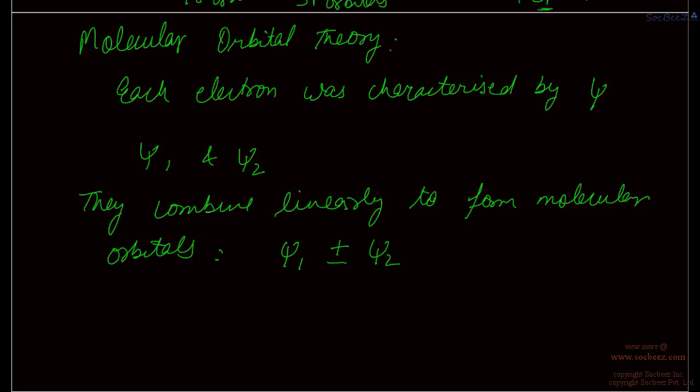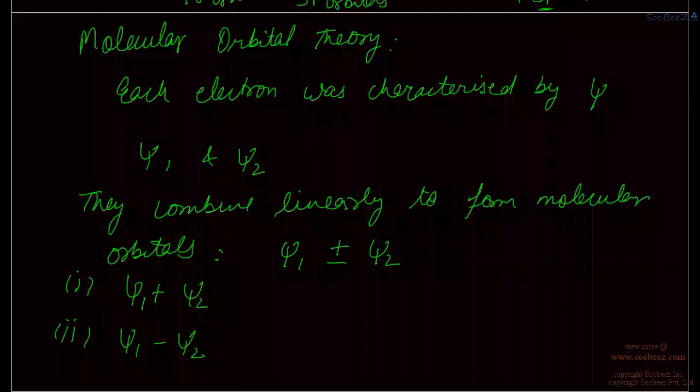Therefore, two orbitals combine to form two other orbitals of different energies. The first is the psi1 plus psi2 orbital, which has an energy higher than that of psi1 and psi2 individually. The other orbital is formed as psi1 minus psi2, and its energy is lower than that of the individual psi1 and psi2.